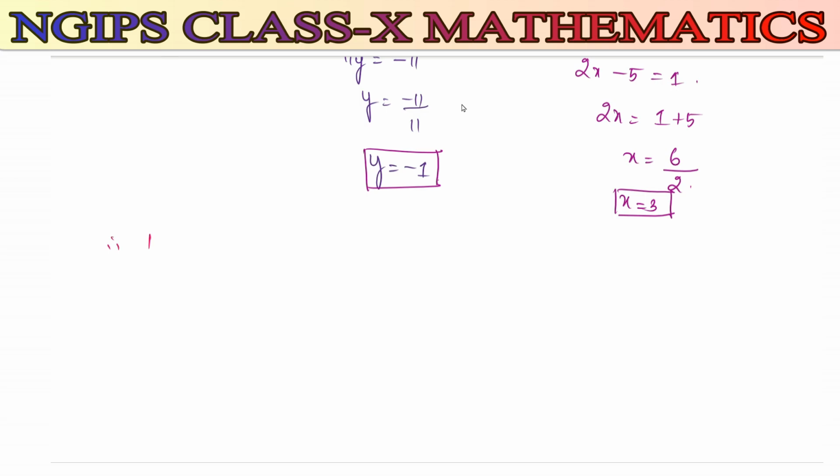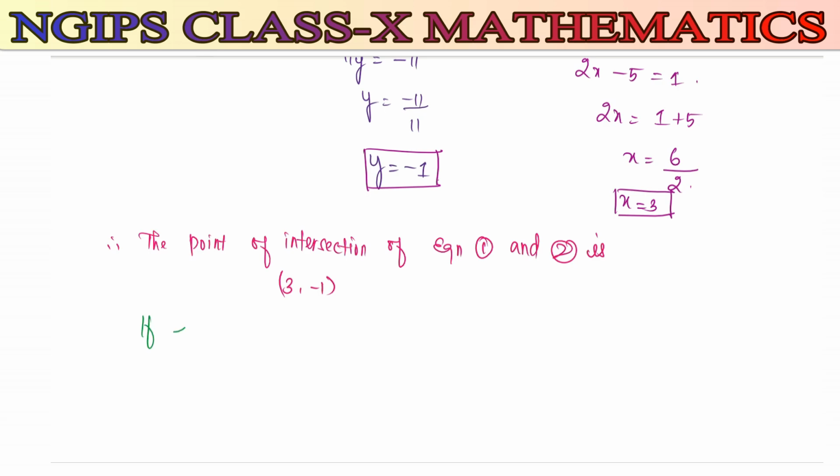Therefore the point of intersection of equation 1 and 2 is 3 comma minus 1. So this is a point.